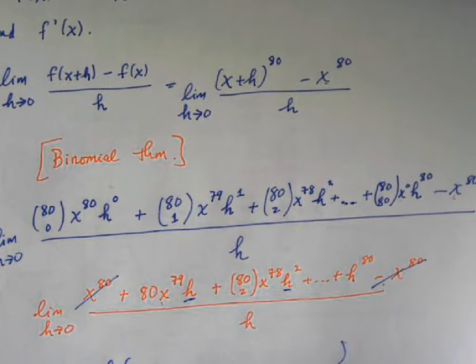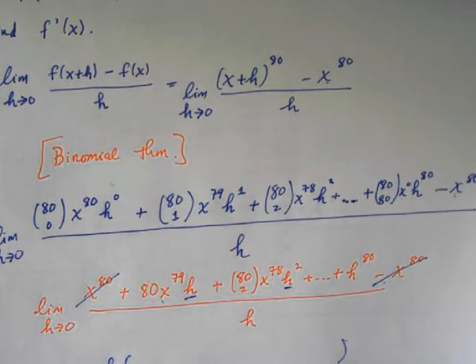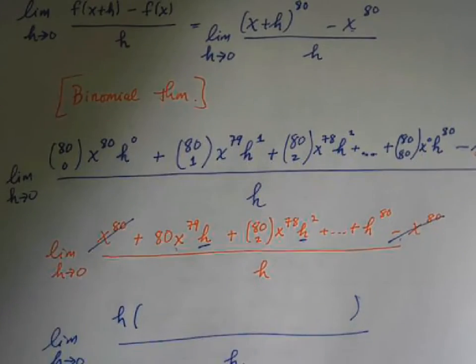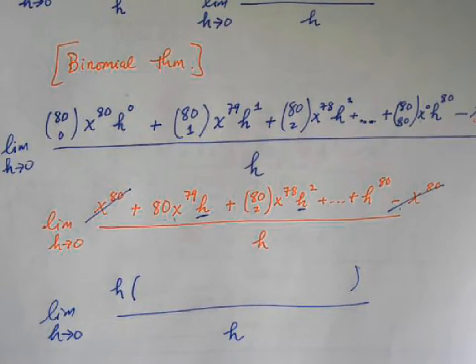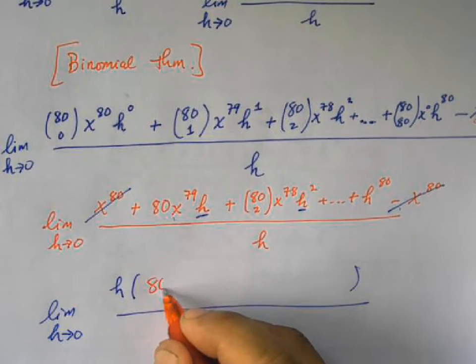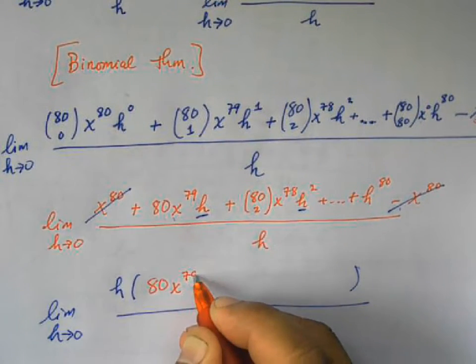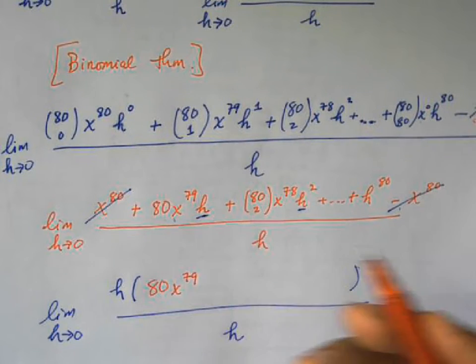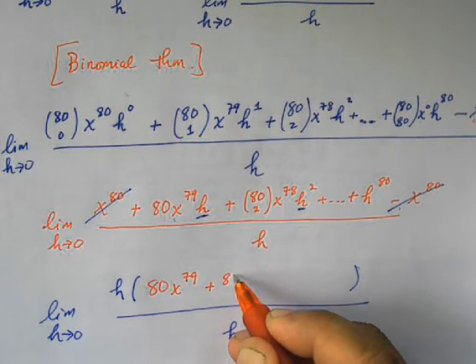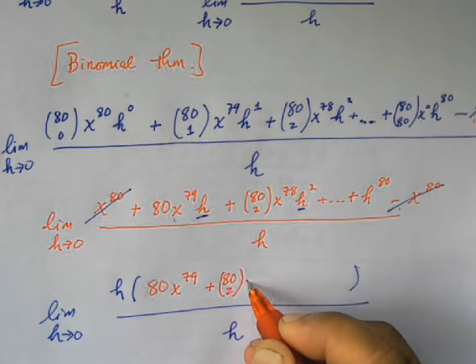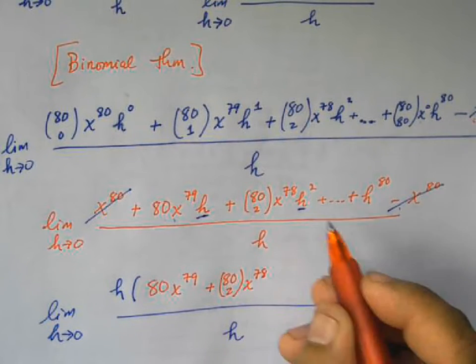And what we end up with, let me get my limit set up here properly. Okay. So what we end up with here is 80 x to the 79th. This h here is gone, plus 80 choose 2, x to the 78th.